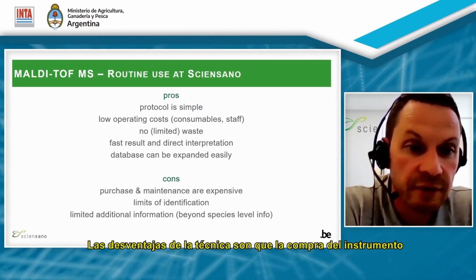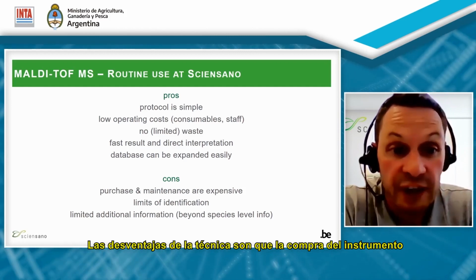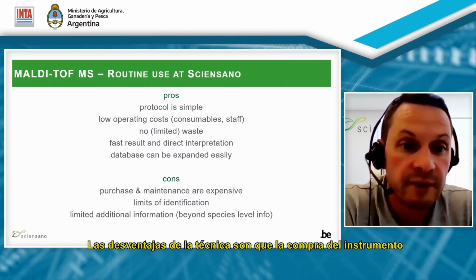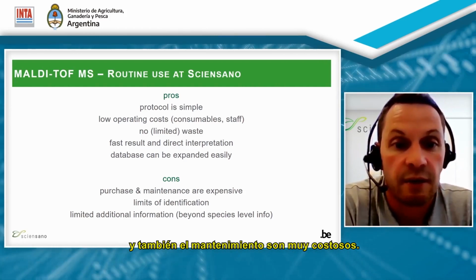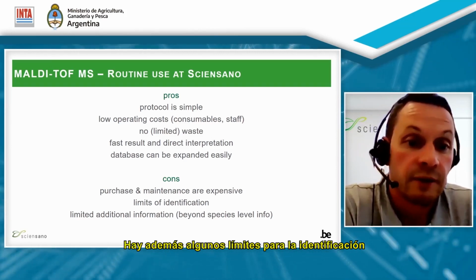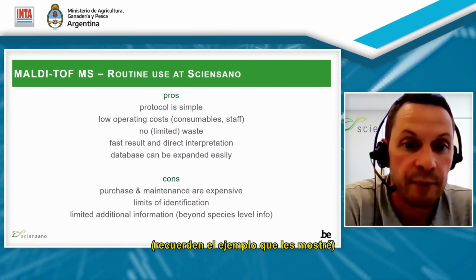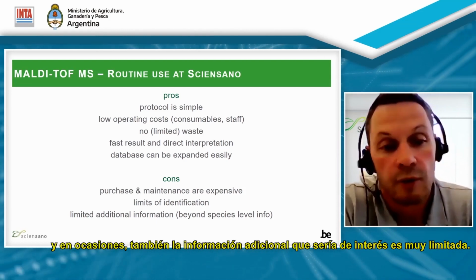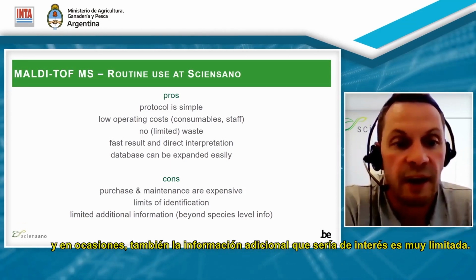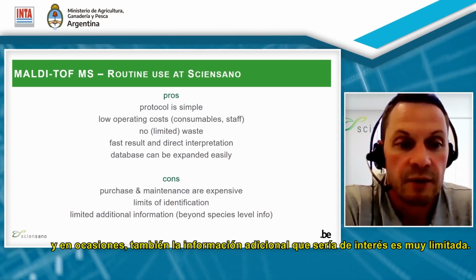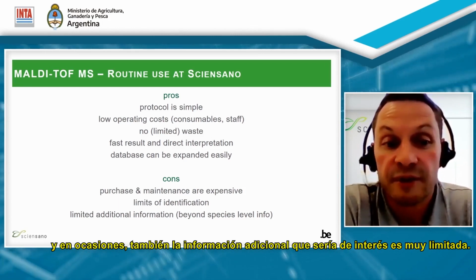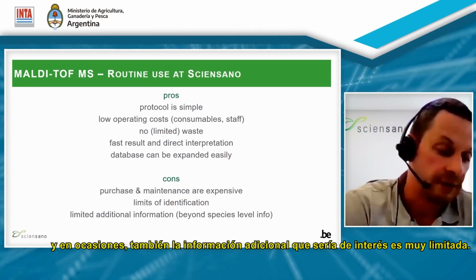The disadvantages of the technique: the purchase of the instrument and also maintenance are very expensive. There are some limits of identification. Remember also the example that I showed. And sometimes the additional information that you would be interested in is very limited.